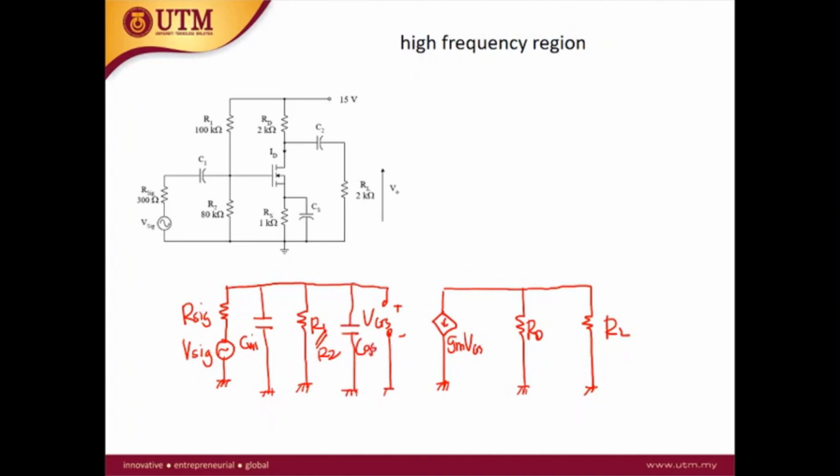And then between the gate and the drain we have CGD. And then between drain and source, I put a dashed line because most of the time we ignore the CDS. And then at the output terminal we have the CWO. So this is the high frequency equivalent circuit.